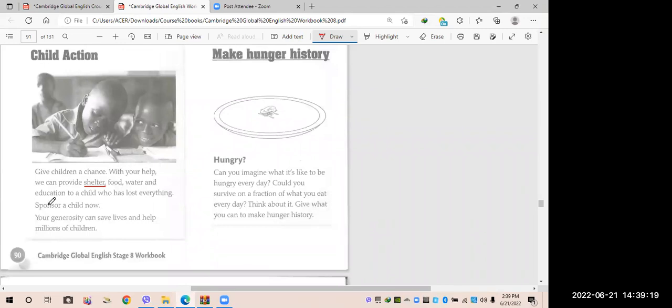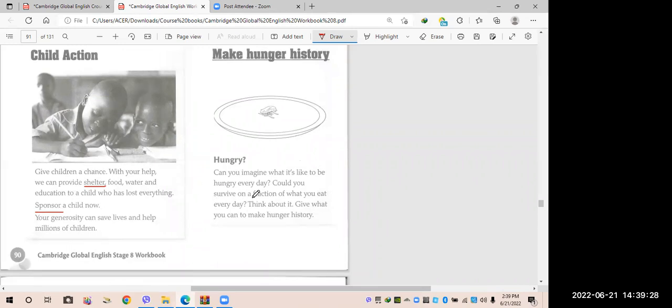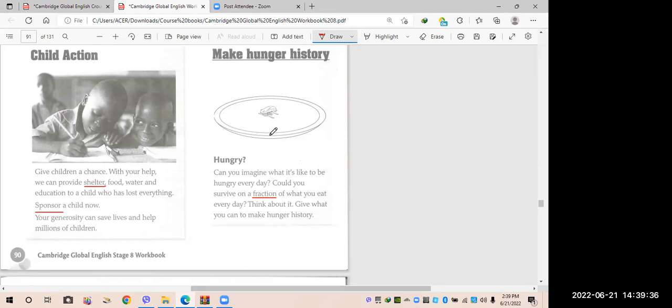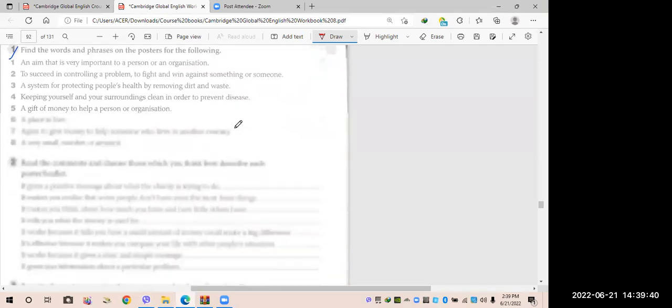Sponsor, yes, correct. And the last one, a very small number or amount. Fraction, yes. So got it? Yes, Chair. Okay, then we'll move to number two.